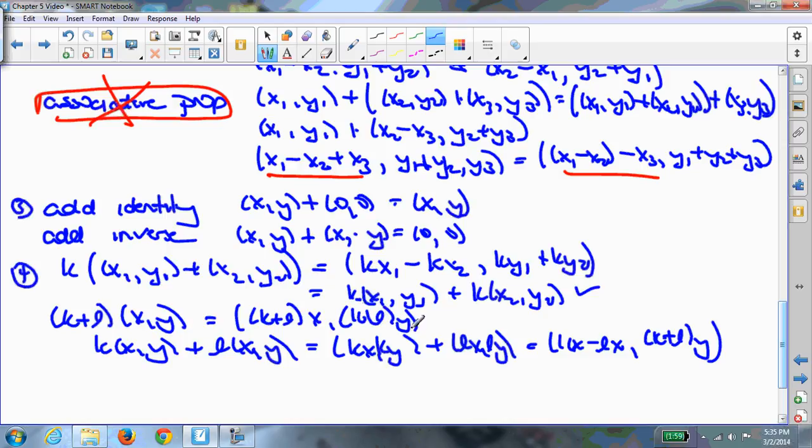So again, this is not the same, because here I have kx minus lx, and here I have kx plus lx. So this particular distributive property does not work either. And again, notice I focused only on the addition ones because the addition of the vector space was defined differently.